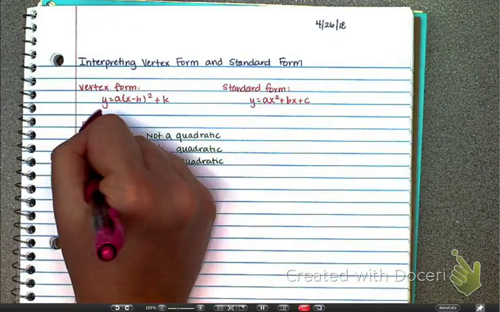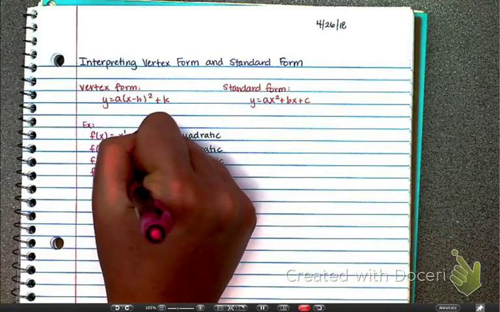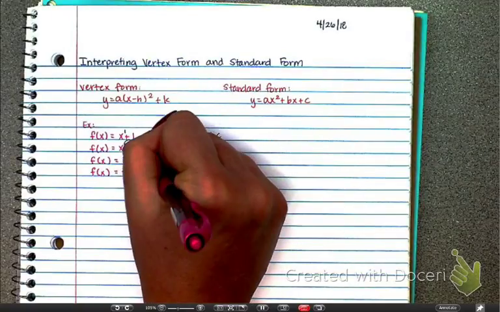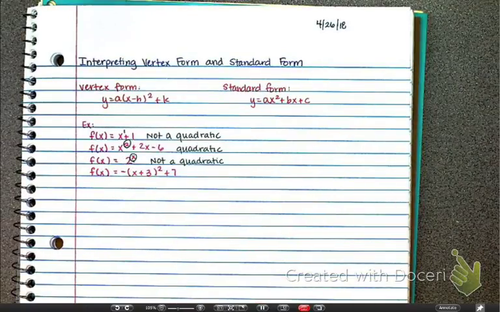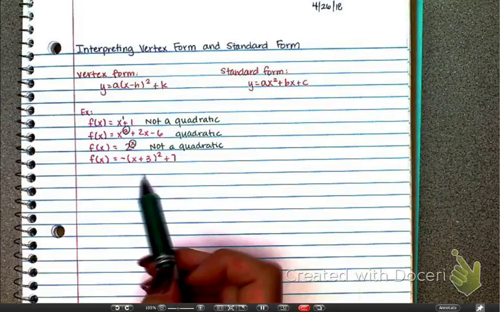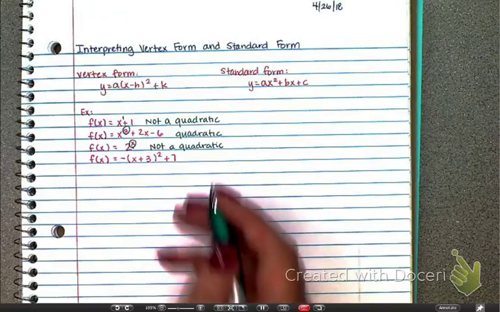Okay, what about this one? So one person said yes. Everyone agree with that? Yes. You should recognize that to be what form? Vertex form.